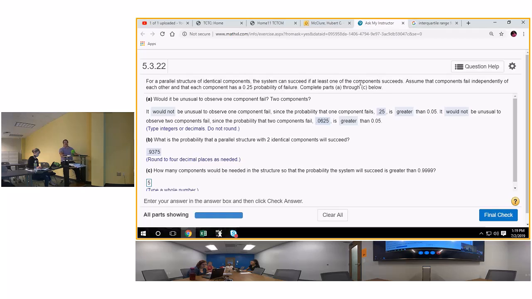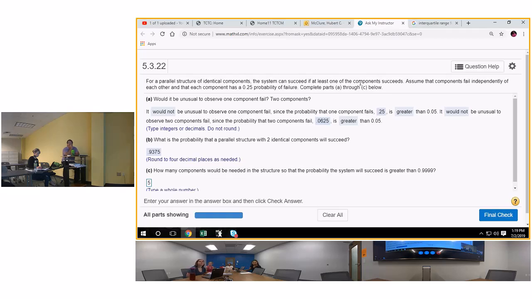So 25% is feasible, so that's why it would not be unusual, because 25% is greater than 5%. That's where that comes from. It would not be unusual to observe two components because 0.0625 is greater. Now, how did they get 0.0625? They took 0.25, and what did they do to it?